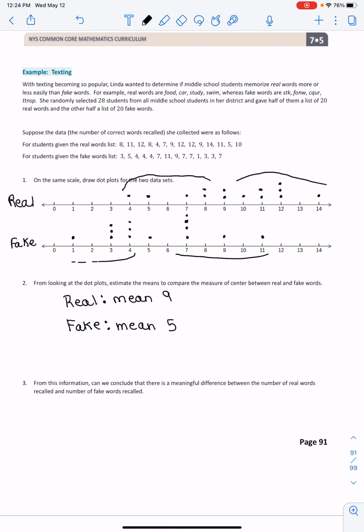Now, what that tells me here is that the students recall more real words than fake words.